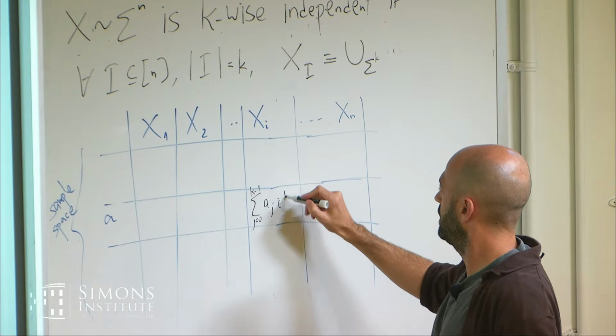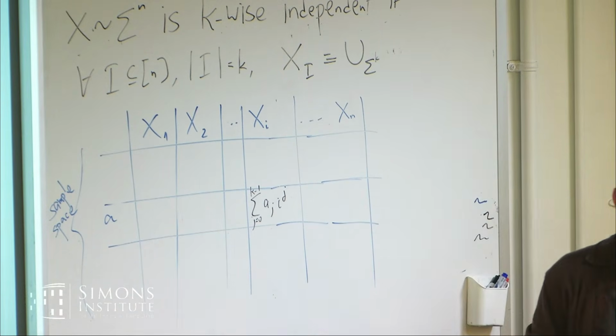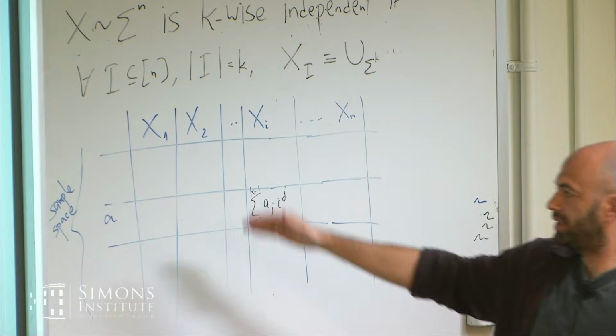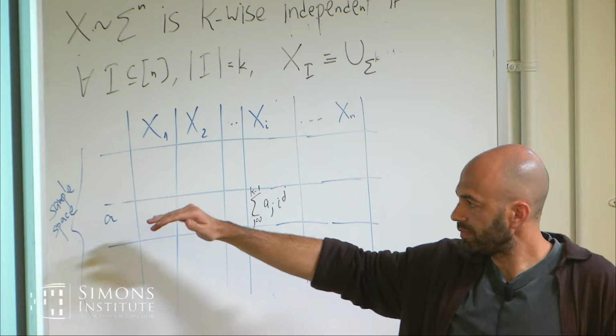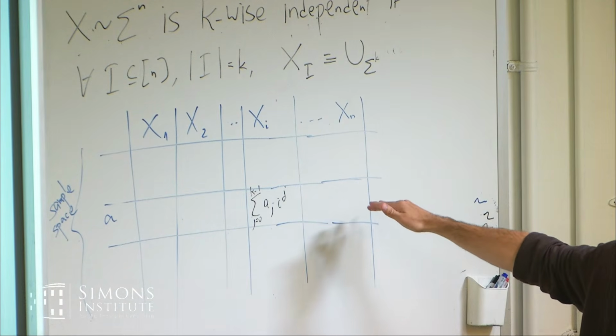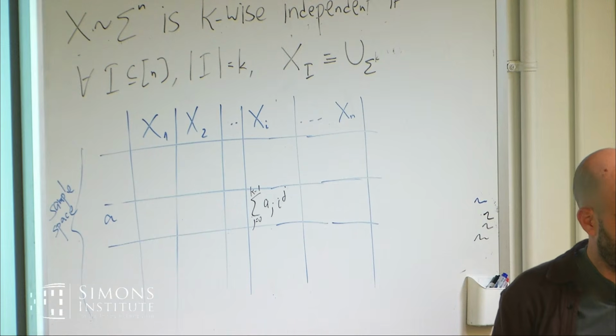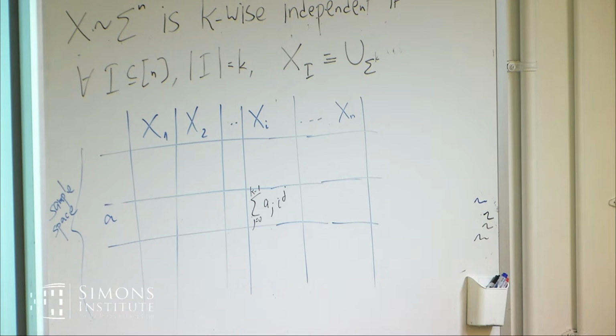And I view everything as a finite field element. Okay, so how do I sample from a distribution? I just pick a random row and just output this row. Okay, so is the definition of the distribution clear?